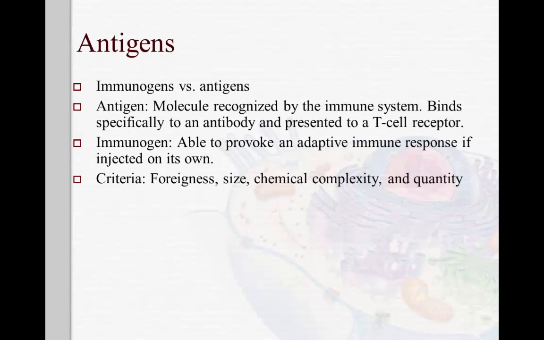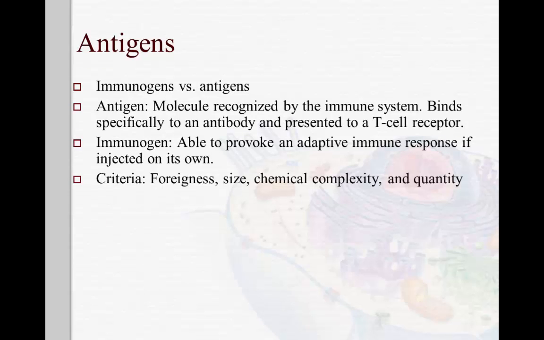And what is an immunogen? It is that antigen that is able to create an immune response. And in order for an antigen to be an immunogen, they must meet a criteria. And that criteria is foreignness, the size, the complexity, and the quantity.